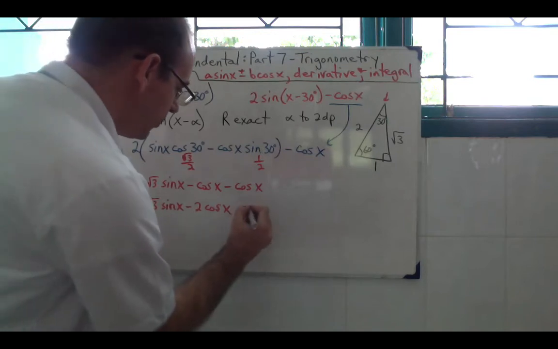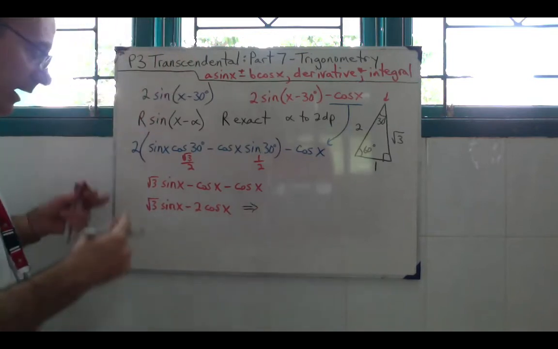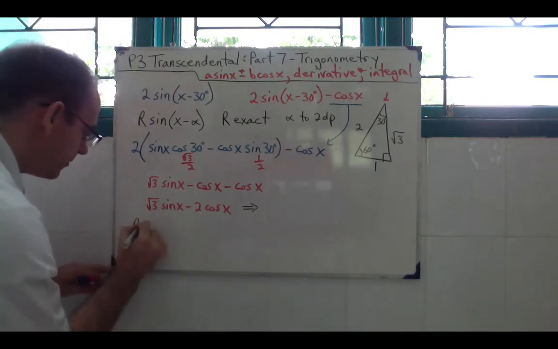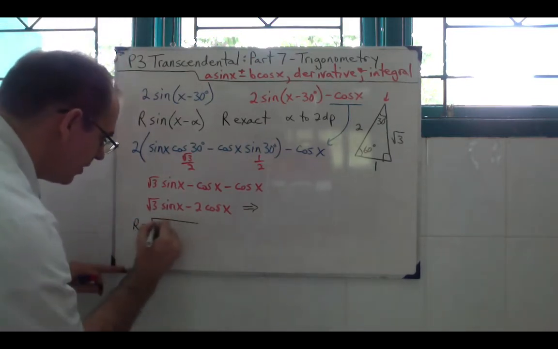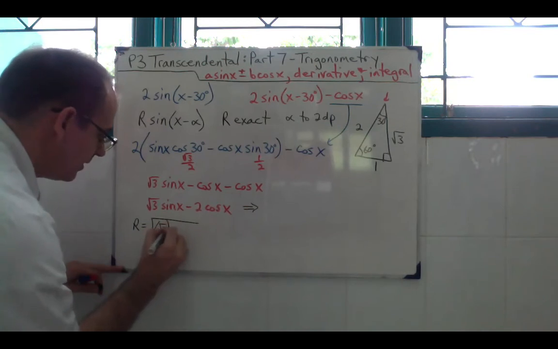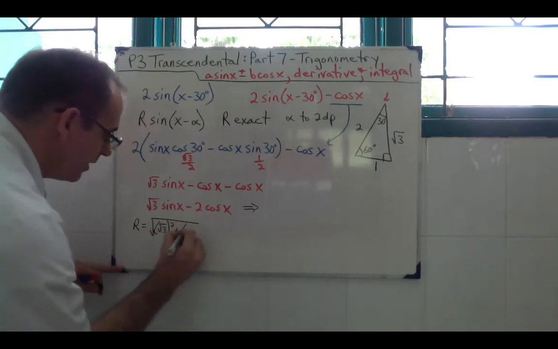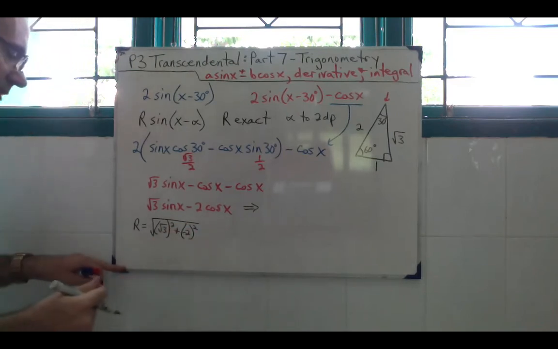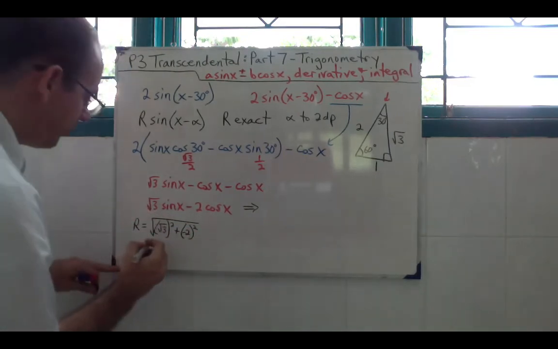And so we need to find the r. The r will be the square root of root 3 squared plus 2 squared. Again, it doesn't really matter whether you put the plus and minus with it or not, because they'll both come out positive.